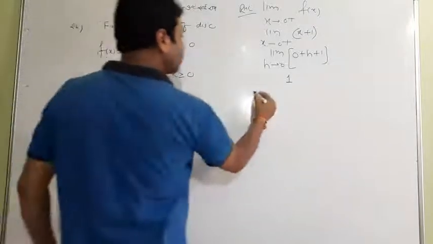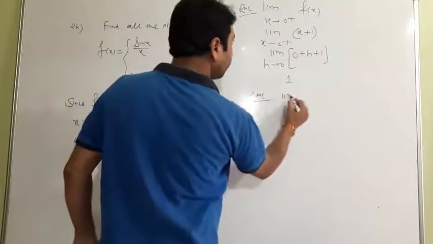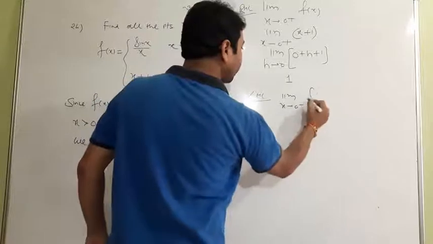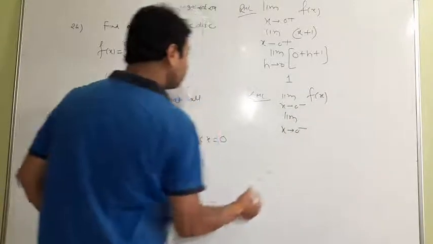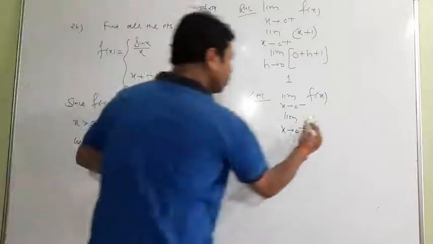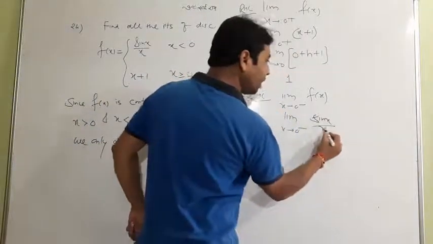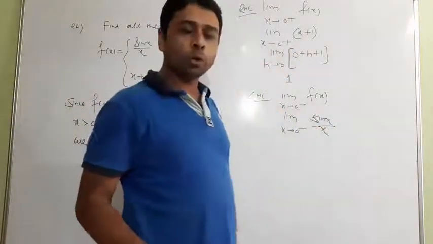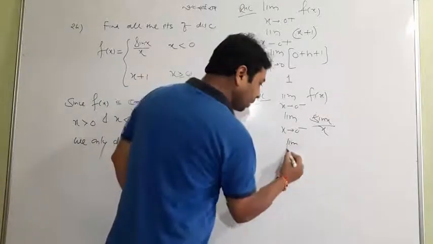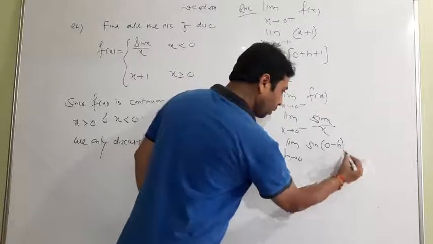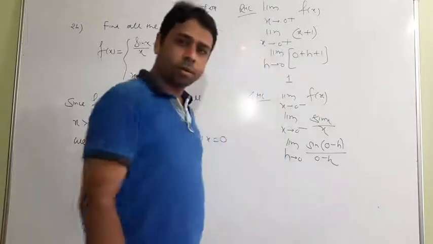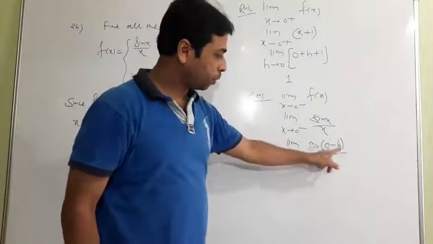Now the left hand limit. Limit as x tends to 0 minus of the function. Then definitely x less than 0 will come, so sin x upon x. Intentionally I have put this question. This is the condition, 0 minus h upon 0 minus h.